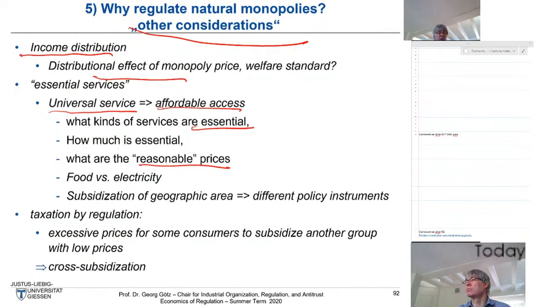Okay, how much is essential? Is it a gigabit? Is it just a megabit, and so on? Okay, and why is broadband internet essential, but food or toilet paper is not essential? Is electricity? So these are complicated questions which typically have been decided on political terms. But this is really part of an ongoing discussion.